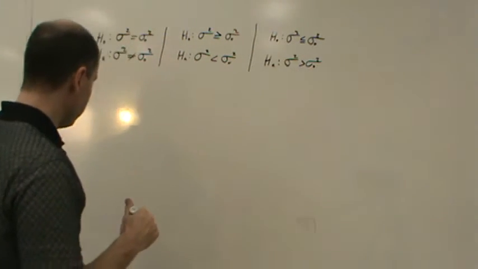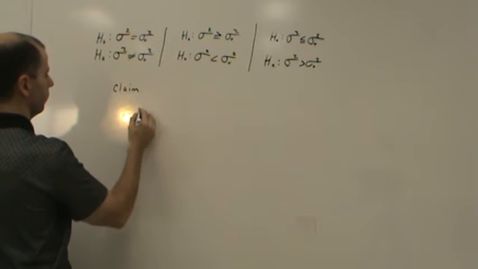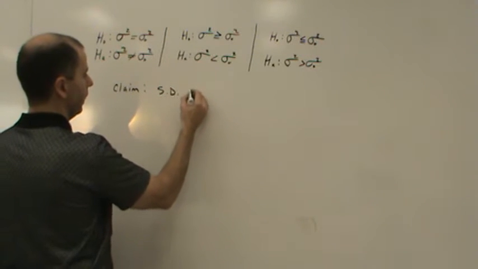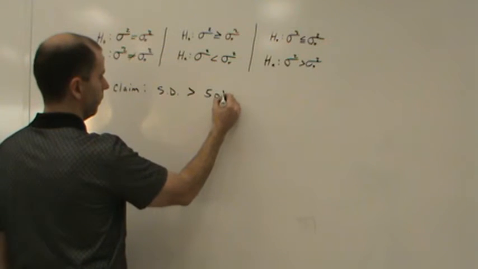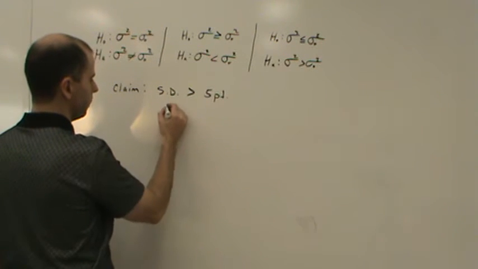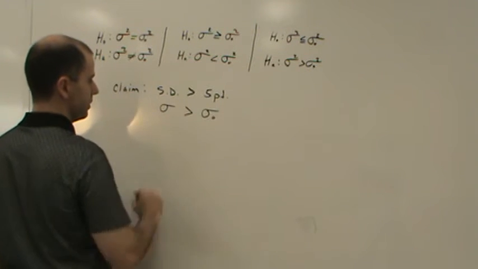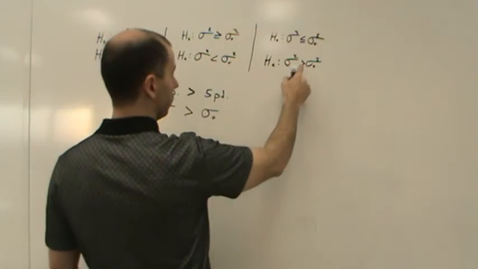Well, the claim here is that the standard deviation is more than 5 points. So this would be sigma is greater than sigma naught. Well, which one does this fit into? Right here.